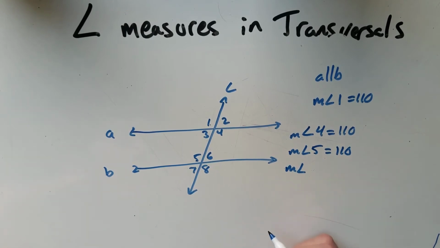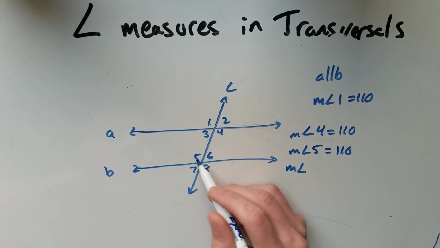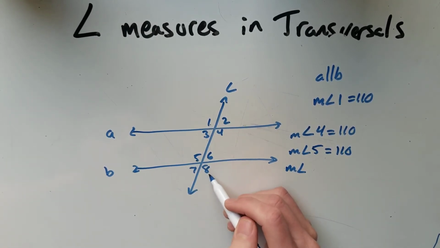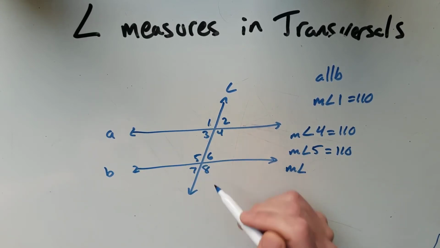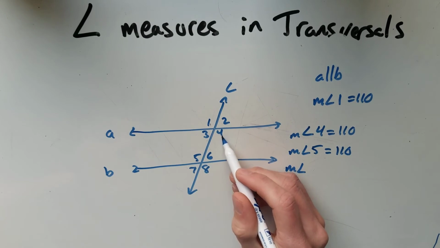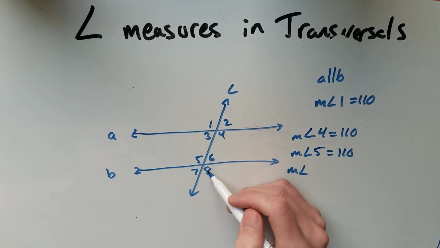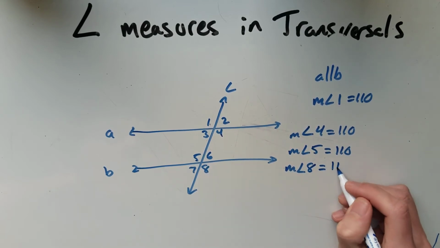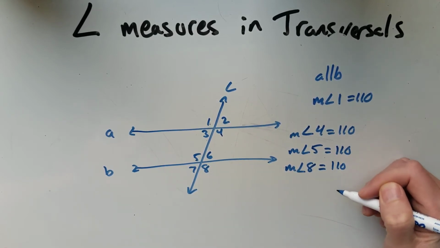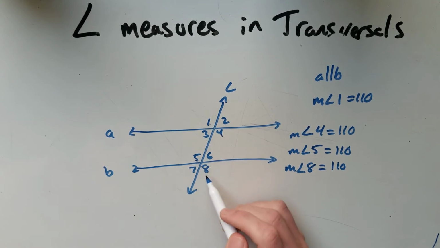And then you can also think of it like vertical angles here. Angle 5 and angle 8 will be congruent. We just said alternate exteriors are congruent, so you can think of it like that. Or since you know angle 4, you can think of corresponding angles. 4 corresponds with 8. Either way that you think about it, angle 8 is going to have the same measure as all of these. So we have 1, 4, 5, and 8.